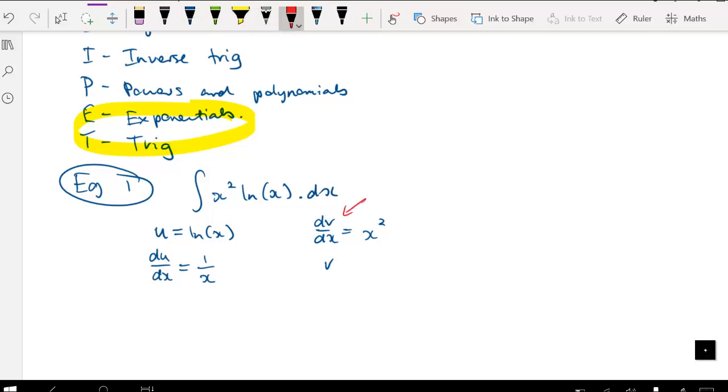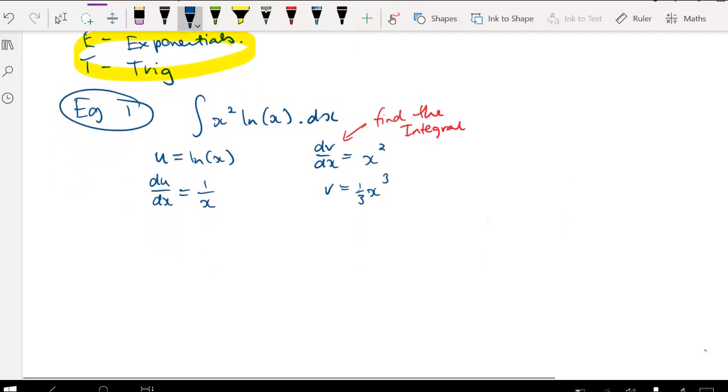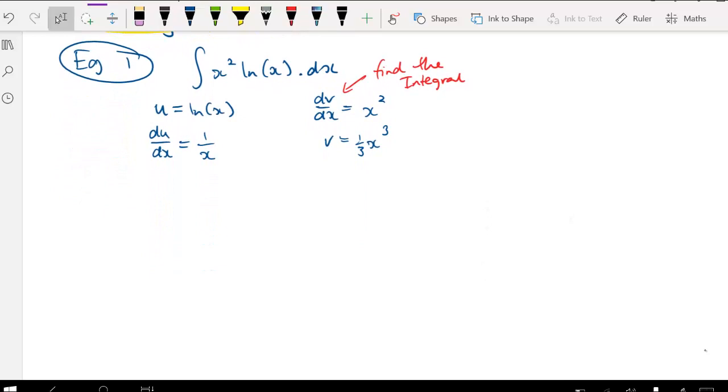So find the integral, which allows us to determine the value of v. So that means add 1 to the power and divide by the power, we've got 1/3 x cubed. And so now what we need to do is sub into the rule that we have and perform any integration that's required. So the integral of u dv dx with respect to x is equal to uv subtract the integral of v du dx with respect to x.